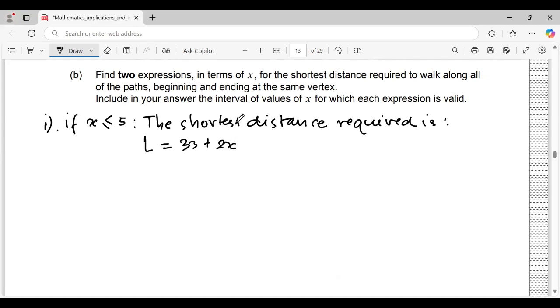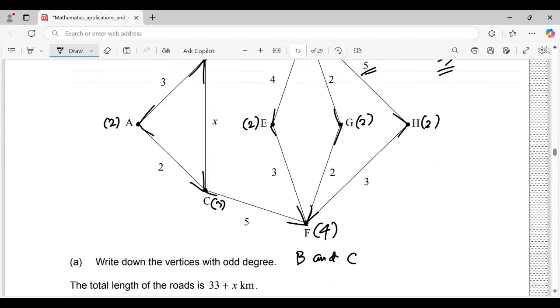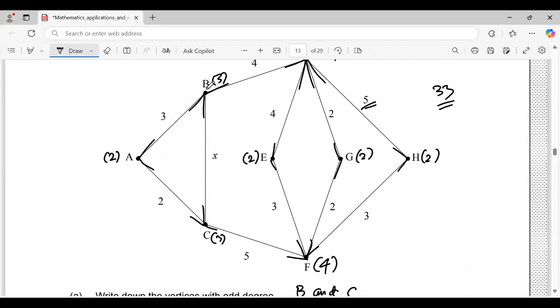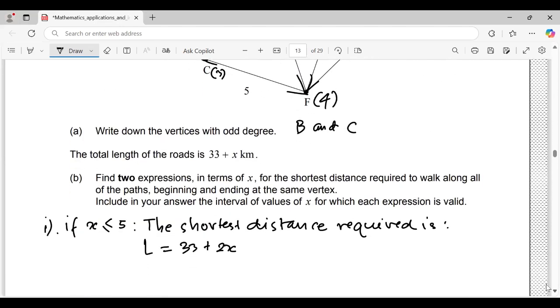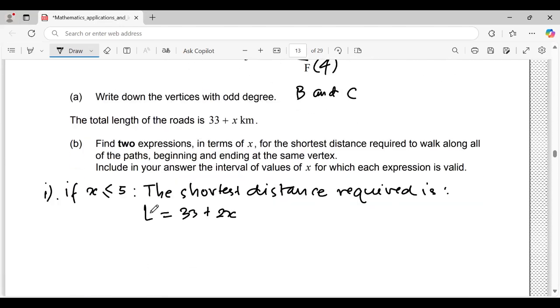Why? Because the total length walked includes the extra DC part, so we walk this part twice. So it becomes 2x. That's why the length becomes 33 plus 2x.